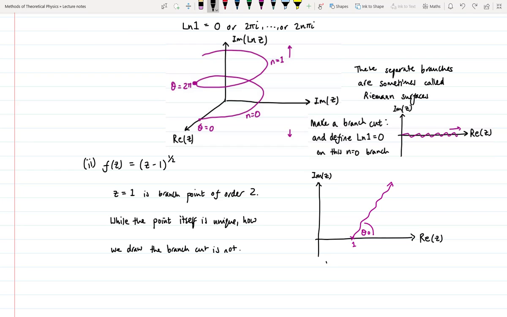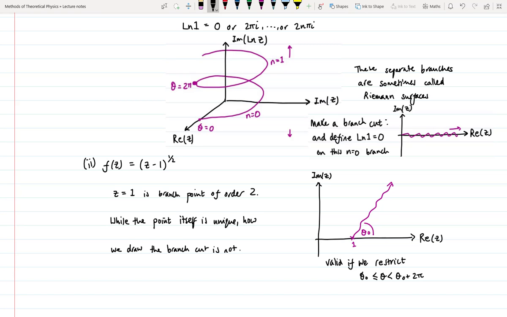And this is completely valid if we remember to restrict the argument of z to lie between theta naught and theta naught plus 2 pi. But I'll again remind you that we will typically be cutting along axes.